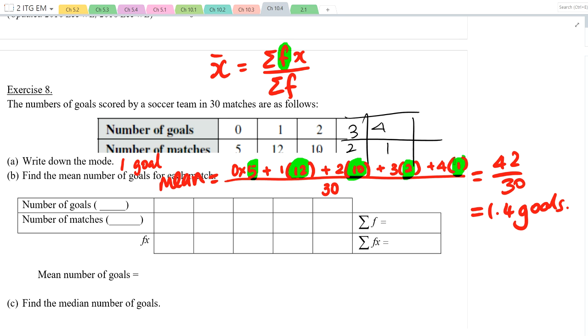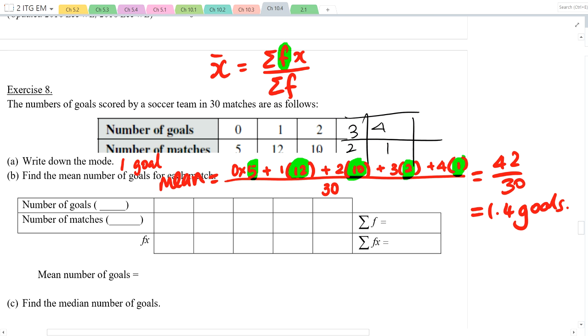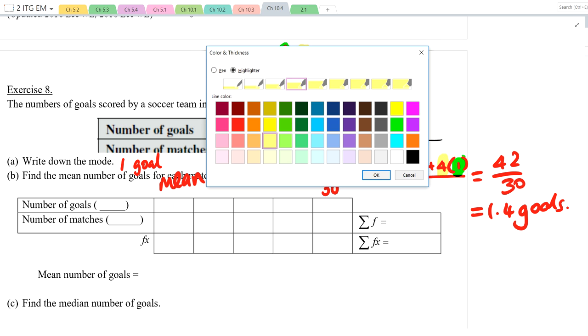Then what about the x value over there? So this x value refers to the number of goals. 0, 1, 2, 3, and 4. You get how this works? Then summation f at the bottom.